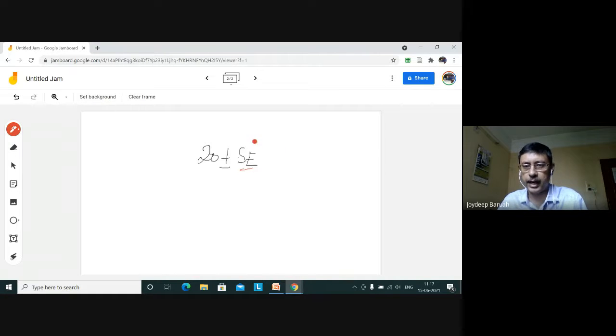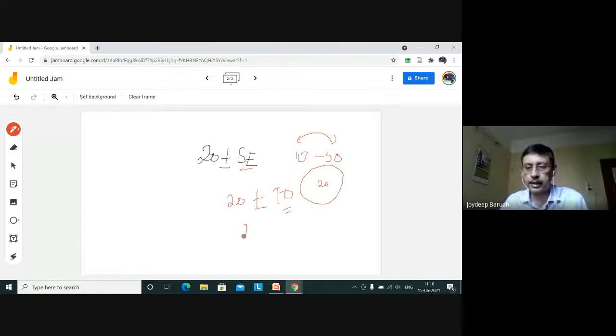Suppose 20 plus minus 10, so it will give a boundary of 10 to 30. So you have a larger boundary around 20, which means you are not very sure. Your error is very large, so you want to be safe so that you can accommodate all those results. So you construct a larger boundary because the standard error is very high.